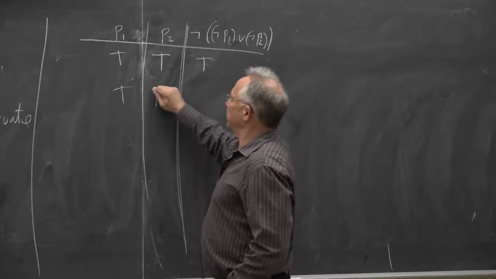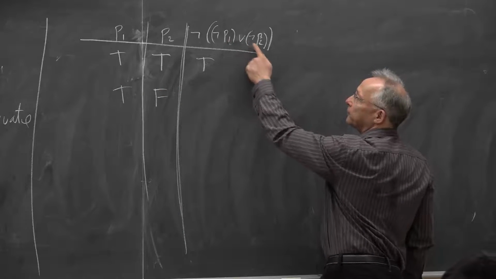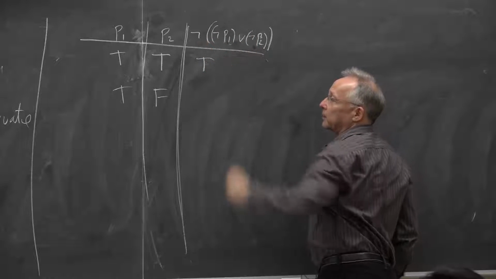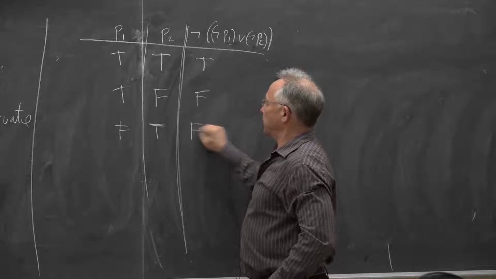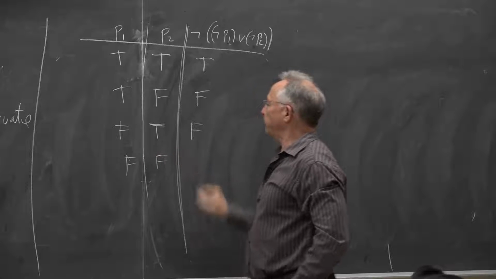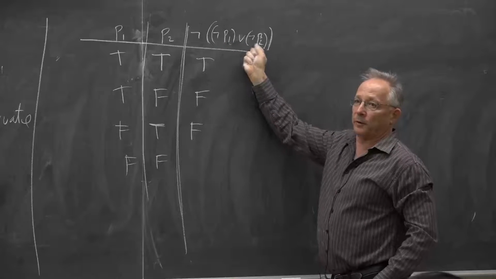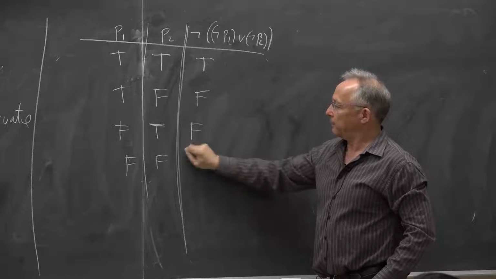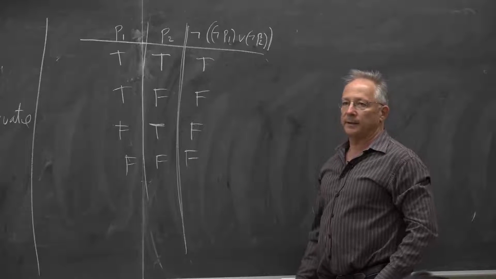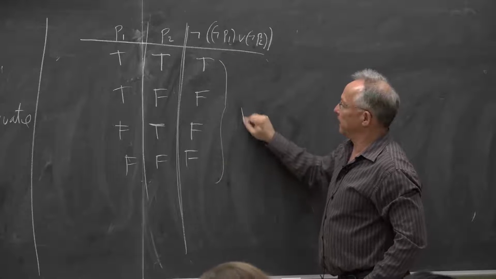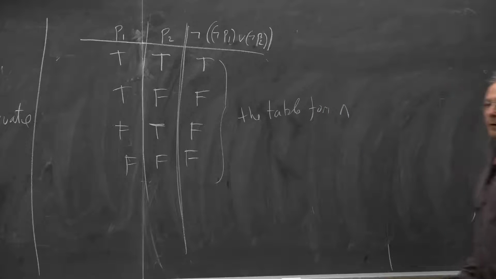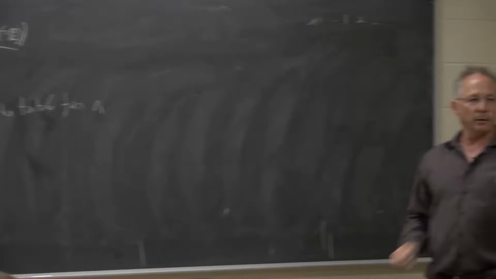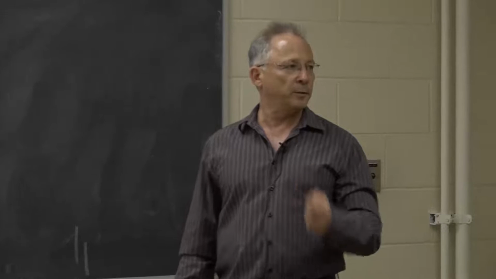If I take TF, I have here false, true, so this is true, so the negation is F. Same thing here. The negation will be F. What happens if I take FF? So this becomes true, this becomes true, the OR of the two is true, I negate it, I get an F. And what I see here is exactly the table for AND. So we found a way to express AND. So this is an adequate system because we just brute force came up with a formula, a way to express AND.